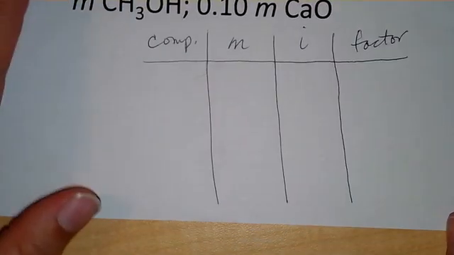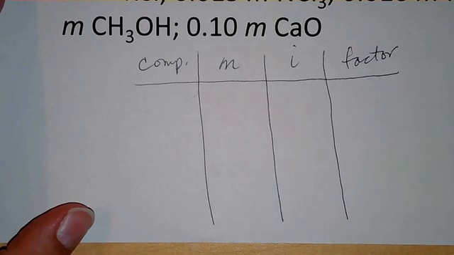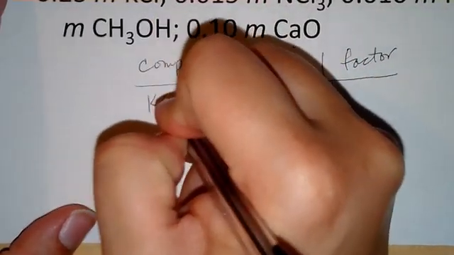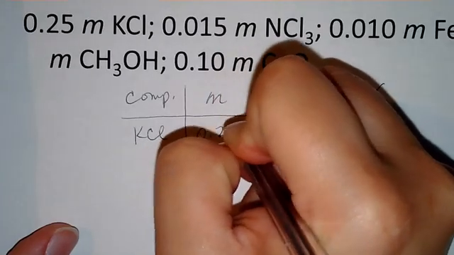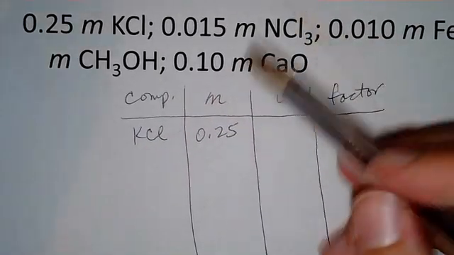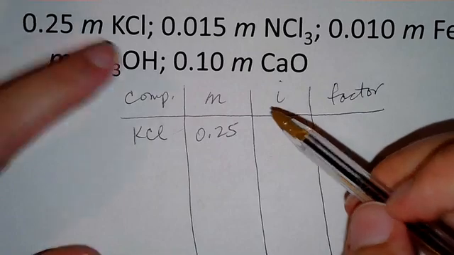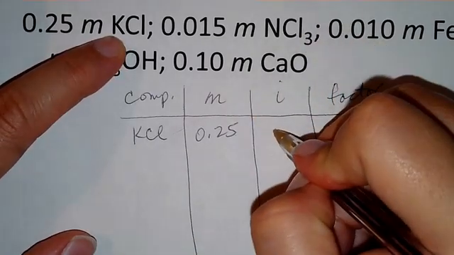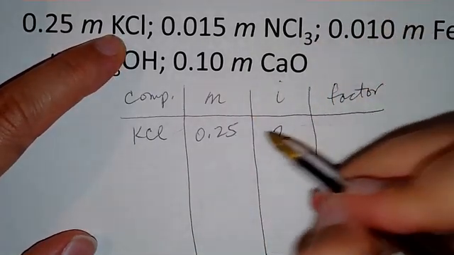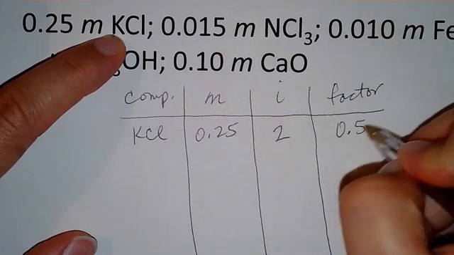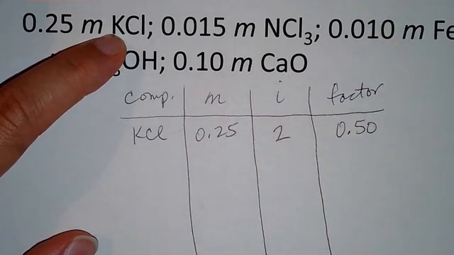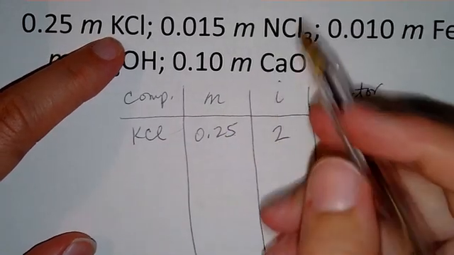So when we multiply 2 times 0.25, the factor becomes 0.5. Alright, our next one, NCl3. Molal is 0.015. NCl3 is a covalent compound, not an ionic one, so it's not going to ionize, so I value is 1. So it's just 0.015.